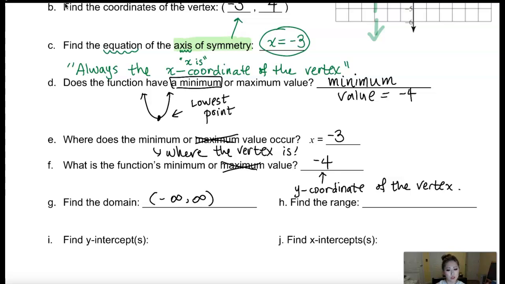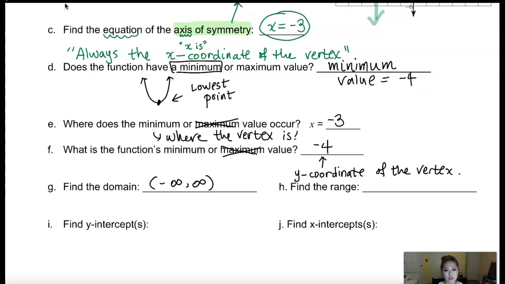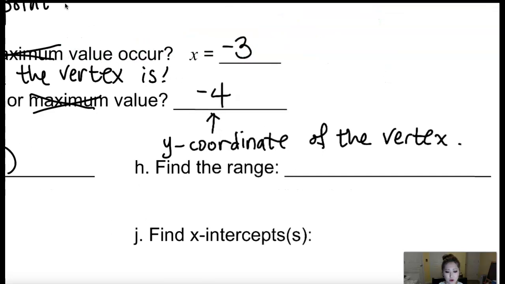So what we know is that the range, the lowest value or the minimum value is -4. So I will put -4 with a bracket in front because we do have a value at -4. We do have a vertex down at -4. So it's -4 all the way up to, you see the parabola goes up forever, right?